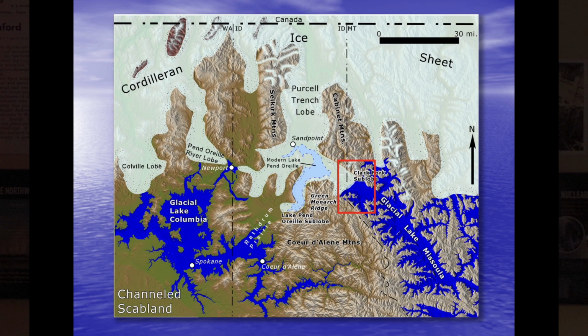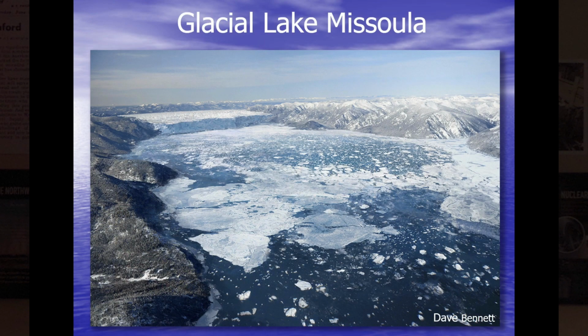So we're going to zoom in now on this image at the very western end of glacial Lake Missoula. This is what it would look like. This is an actual photograph, but it was doctored by David Bennett. David Bennett produced this, and he's a pilot.